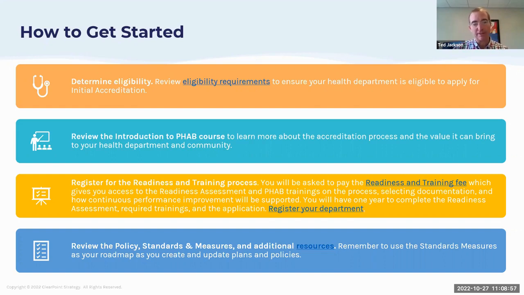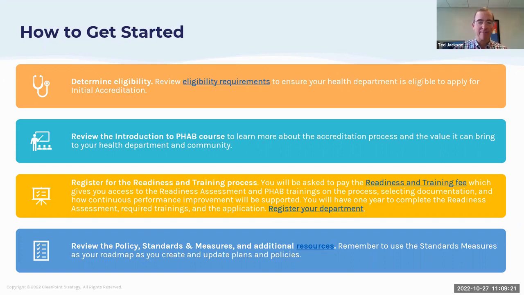You do have a year to complete this first assessment and the required trainings and the overall application. So then you kind of review the standards and measures and additional resources as your roadmap, and then get started and jump in. So remember this accreditation and reaccreditation process.